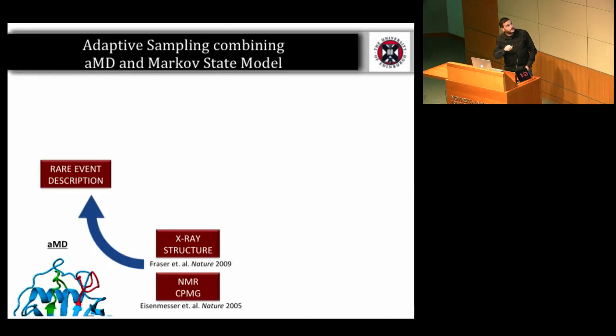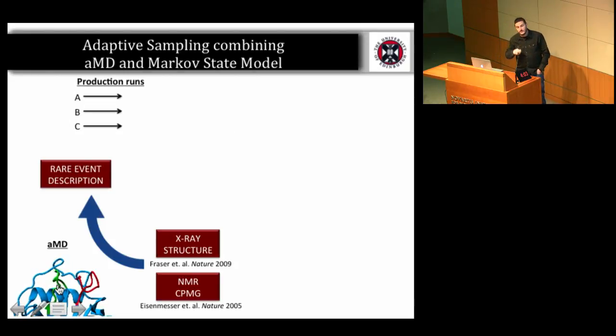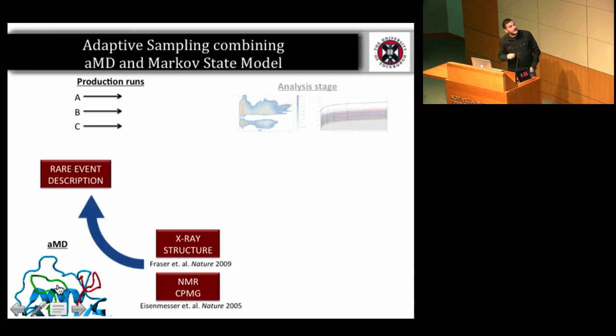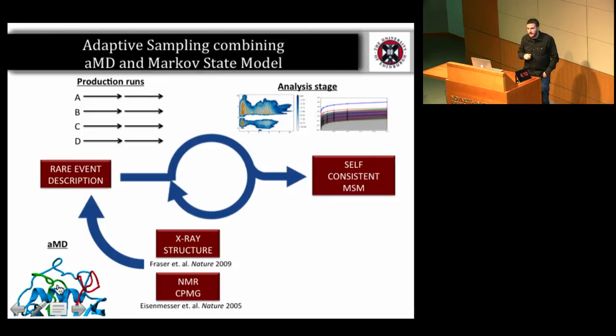This led to a set of really very connected structures that were describing a rare event. And we took these structures and set up a set of equilibrium trajectory runs that we then analyzed with Markov state modeling to create intermediate Markov states that we then resampled, in an iterative cycle that we repeated until we got an MSM that was numerically consistent and that we wanted to further test.